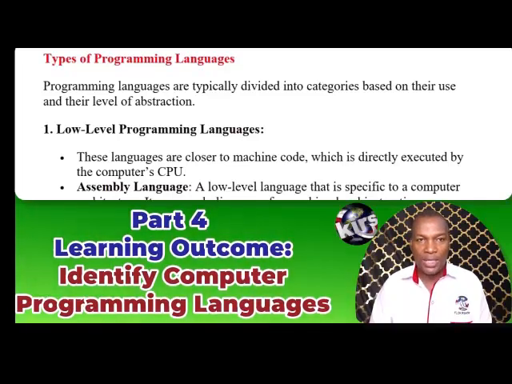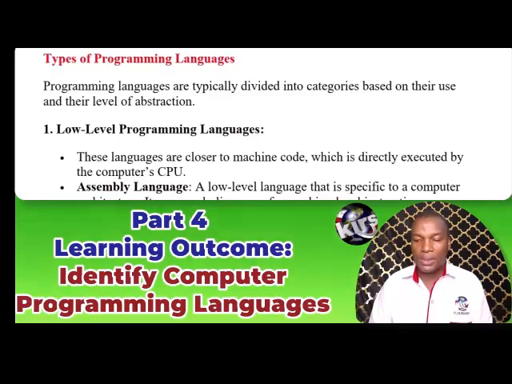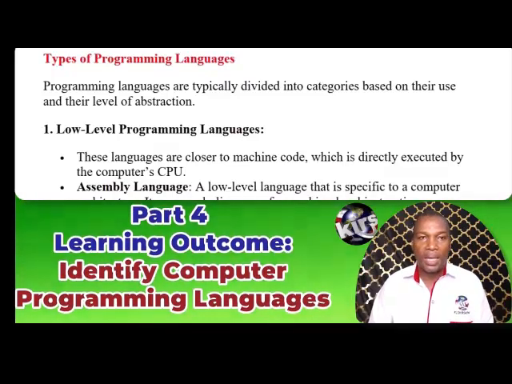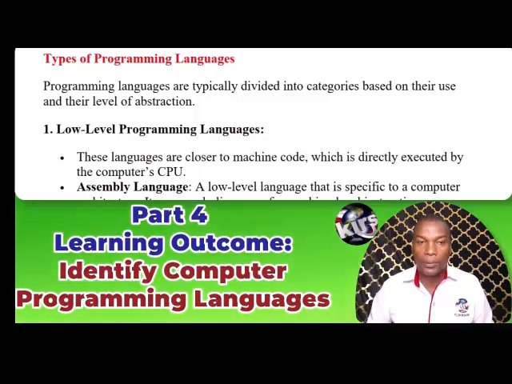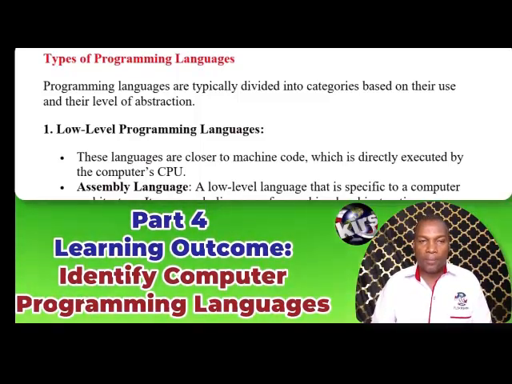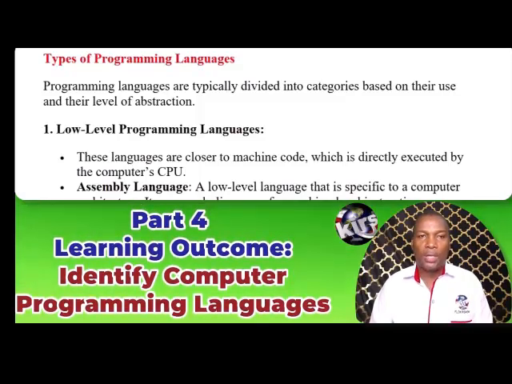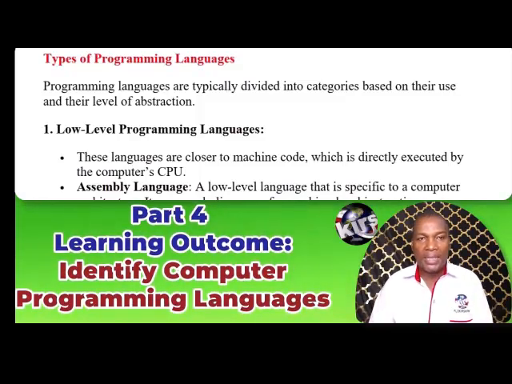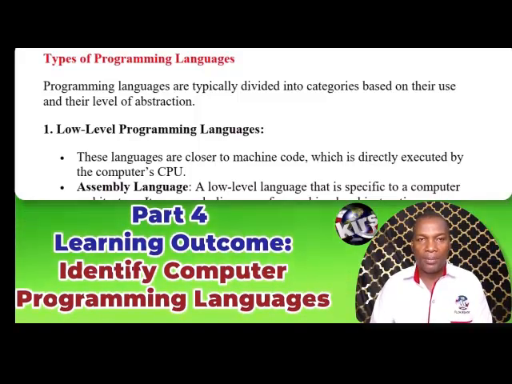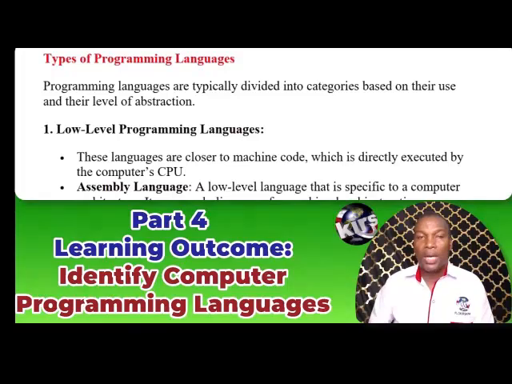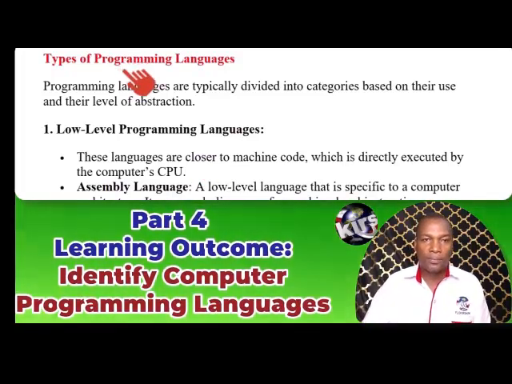In today's episode, we are going to look at one of the learning outcomes, identifying computer programming languages. For that matter, in our presentation today, we are going to address the learning outcome, identify computer programming languages.